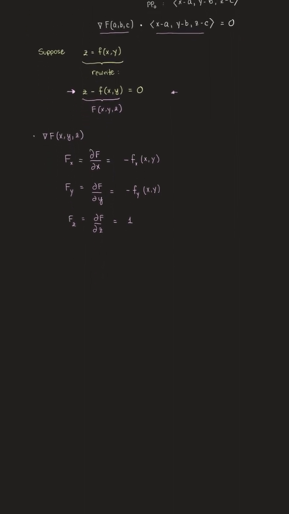This means that our gradient at any point for this implicitly now defined function is going to be the vector that has negative partial of lowercase f with respect to x at xy, negative partial with respect to y at xy, and 1. So let's write the equation of the plane.